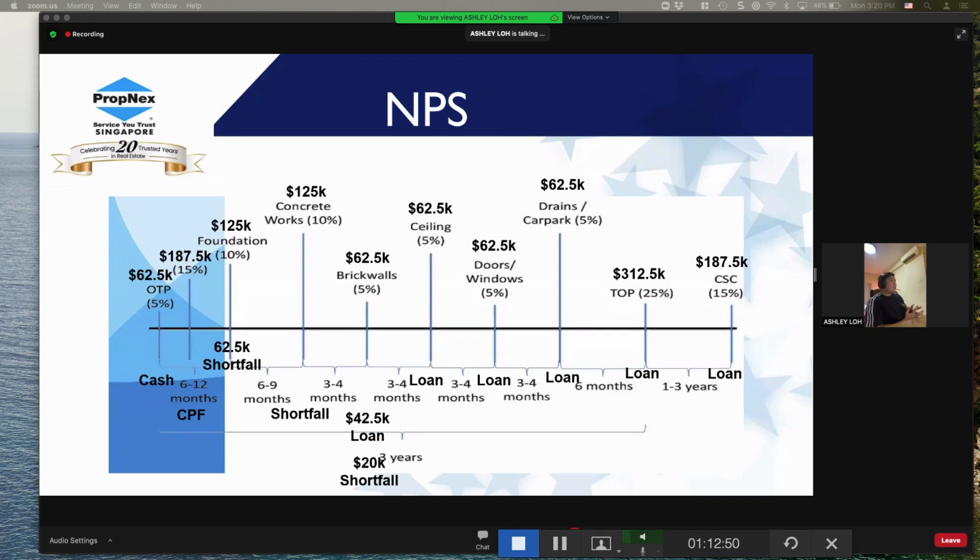You can see the foundation is 62.5K shortfall. The other 62.5 plus the 187.5 is your 284,600 of CPF. You need to add in the buyer's stamp duty and lawyer fee. The shortfall amount, you add up together, 207.5, and the pledging divided by 3692.